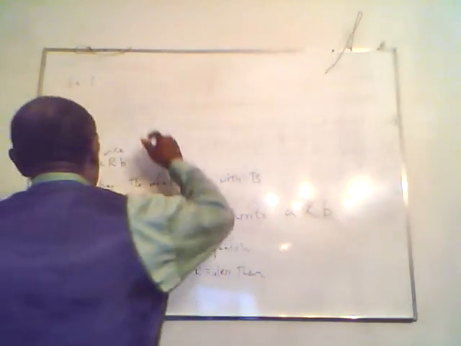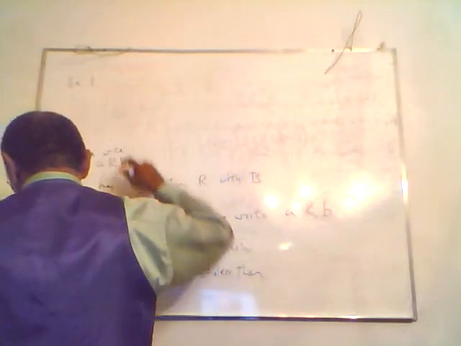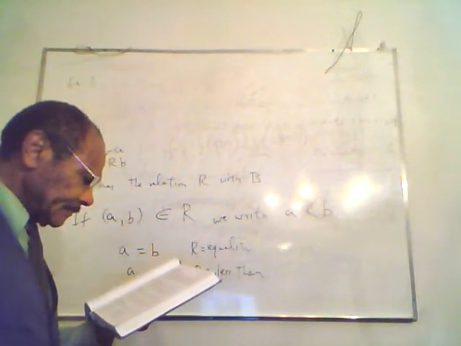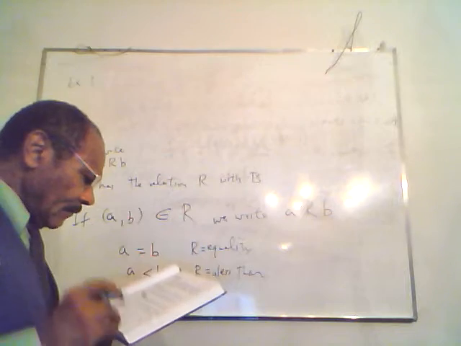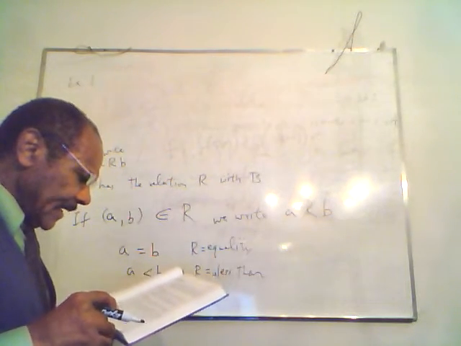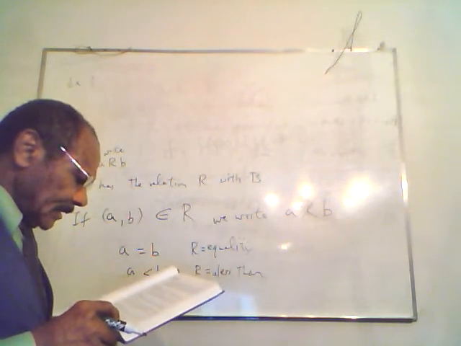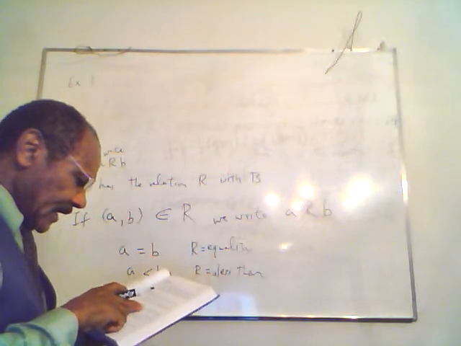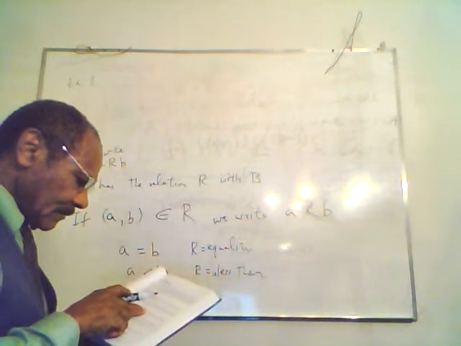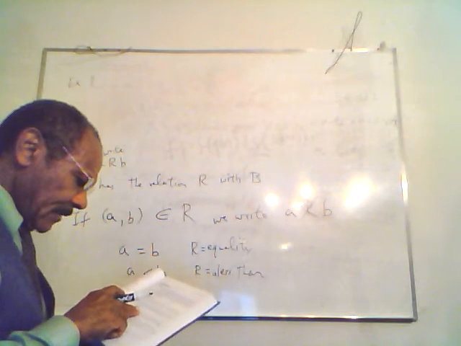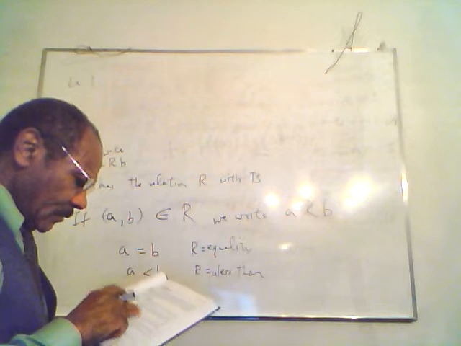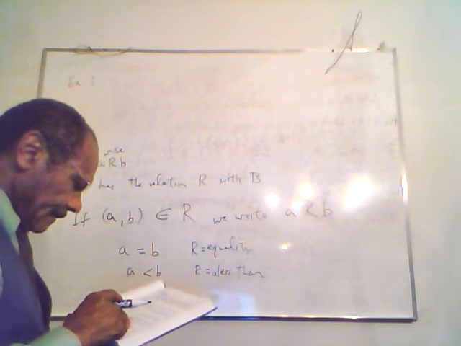As we said, both x and y come from A. They come from the same set. So you have your set A, and x and y come from that same set. That's why you're basically pairing the elements of that set with the elements of that set.